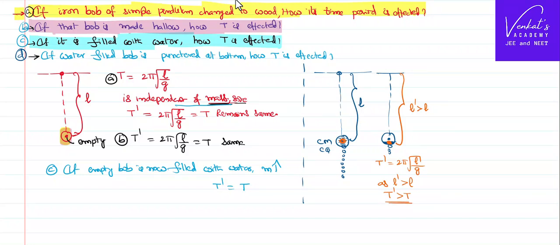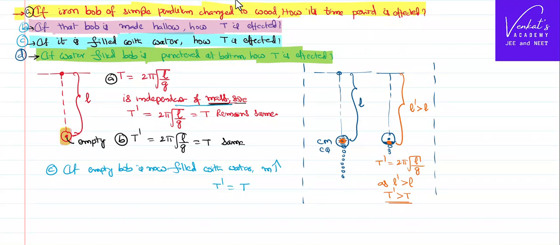So as the water empties, its time period will be slowly increasing. But I want you to be a little careful about what happens when it is completely emptied. When the bob is completely empty, it is again a simple pendulum.